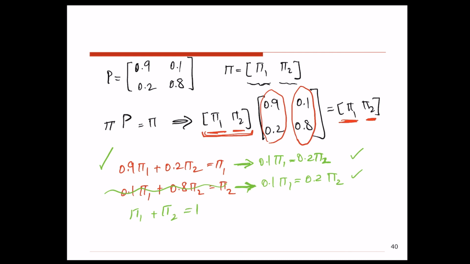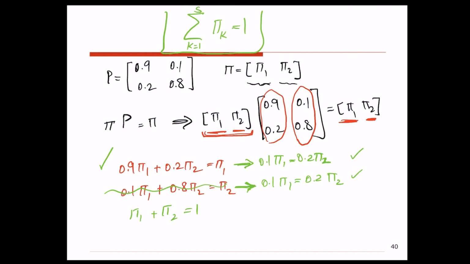This holds for all stochastic processes or Markov chains, meaning that the sum of the steady state probabilities in any stochastic process is 1. This can be written as the sum of pi k, where k goes from 1 to s, equals 1. It's very important to know this equation, and for this system we can write it as pi 1 plus pi 2 equals 1.